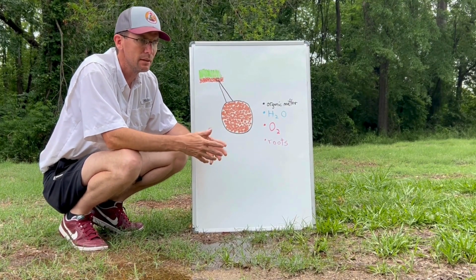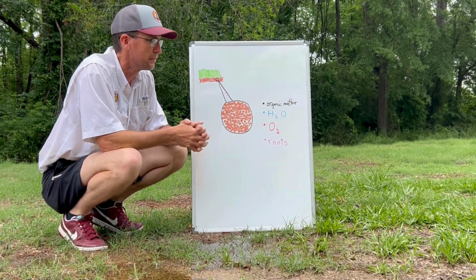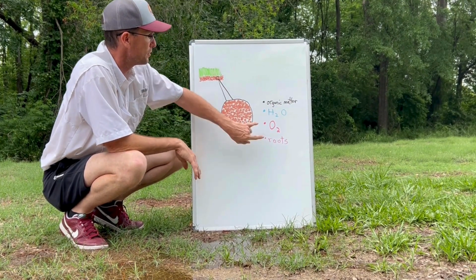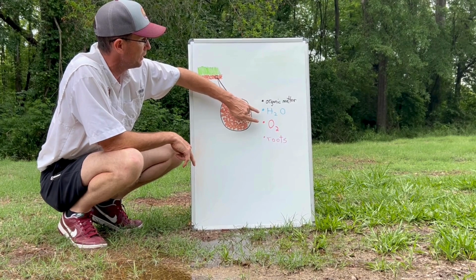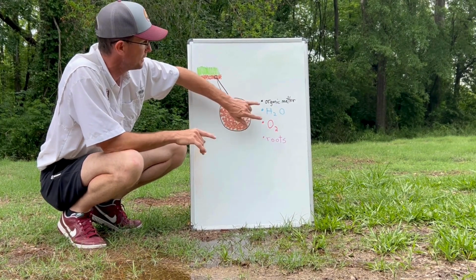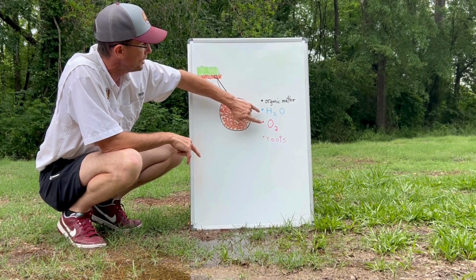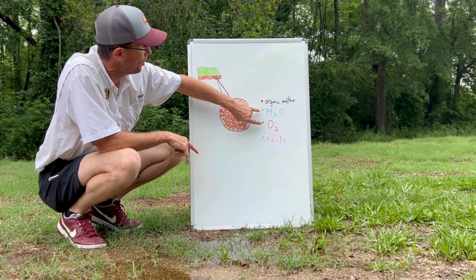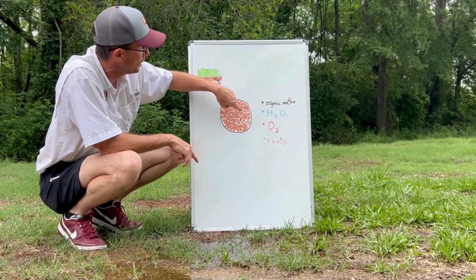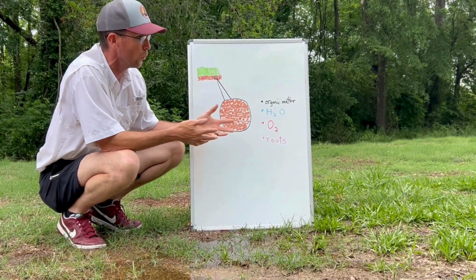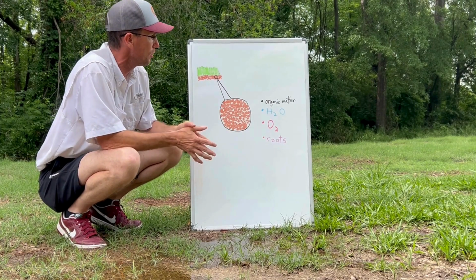Grass plants, unless you're growing rice or a cypress tree that loves the water, but anyway, that's a whole other topic. Just know that water and oxygen are what really want to be in those pore spaces, and your roots along with them.